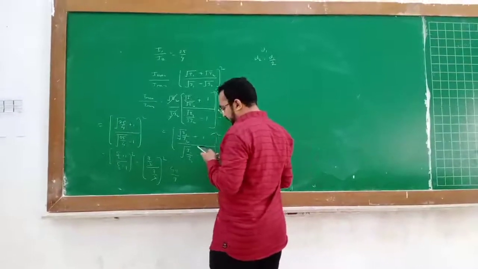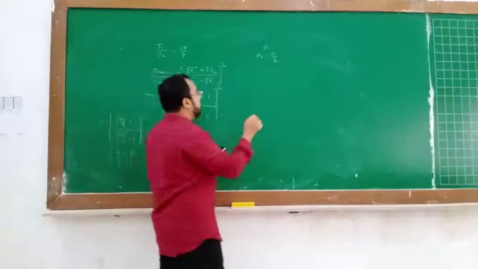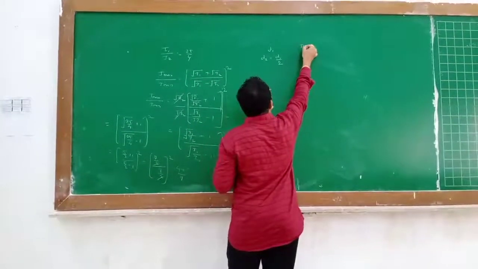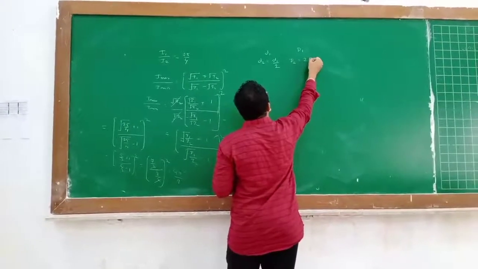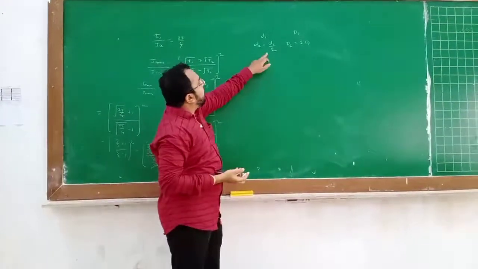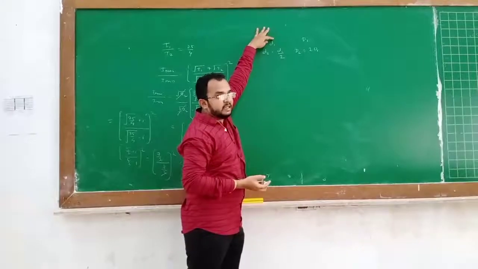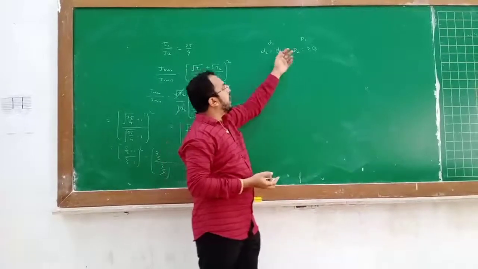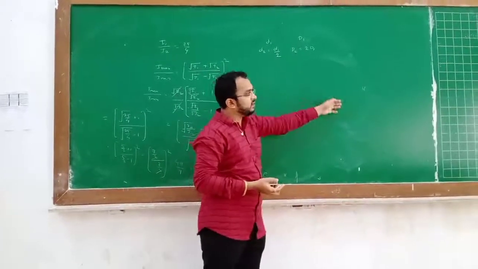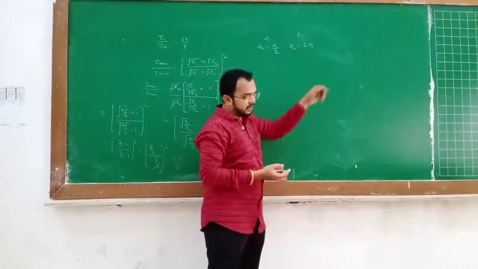Then the distance between the slit and screen is doubled. Suppose that distance is D1, now D2 is 2 times D1.